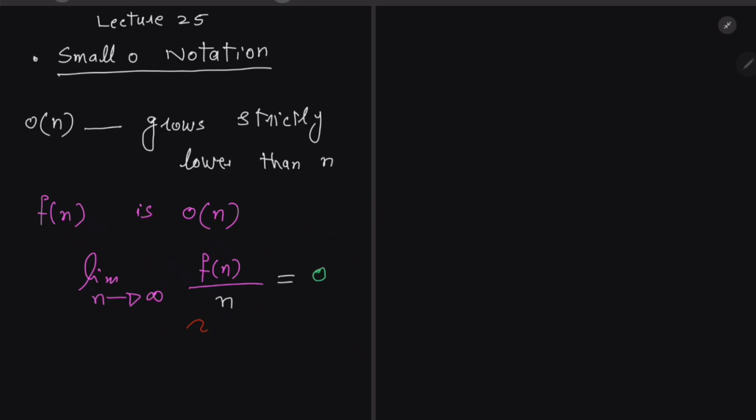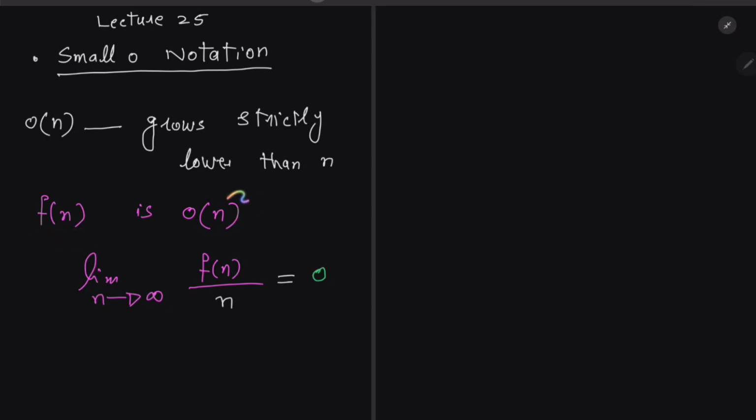For example, if we have 1 over n, the limit as n approaches infinity is 0. When we take the limit as n approaches infinity of the square root of n over n, we also get 0. So that function is far less than n. If your algorithm f of n is small o of n, then this function is slower than order of n, and the algorithm is very good.